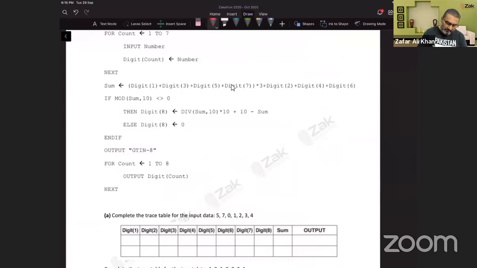The first number entered is 5. In the first loop, count will be 1, so this would be digit 1, and digit 1 will be the number entered, 5. Next count will become 2, so this will become digit 2.